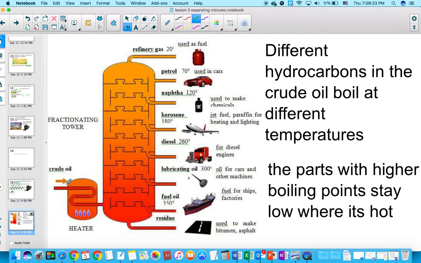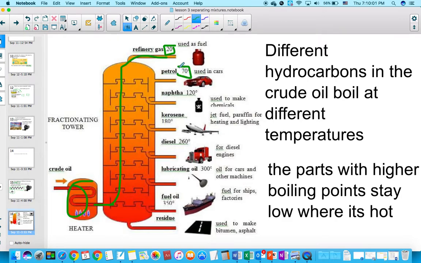So you take the crude oil, you heat it up, and it enters this chamber. Well, the first thing to boil out would be this gas here, this refinery gas. It boiled at about 20 degrees. So with that heat, that refinery gas will just move out here and go through this chamber.